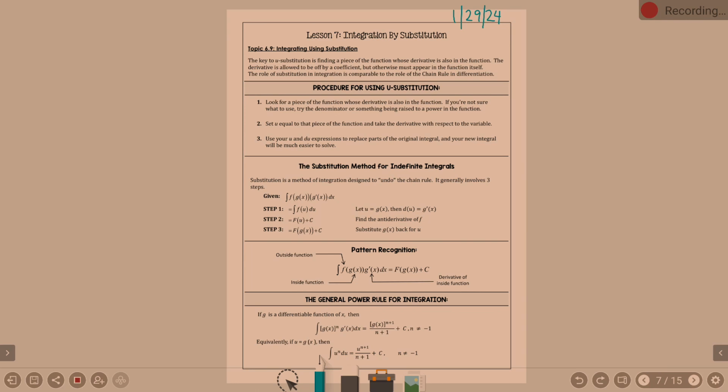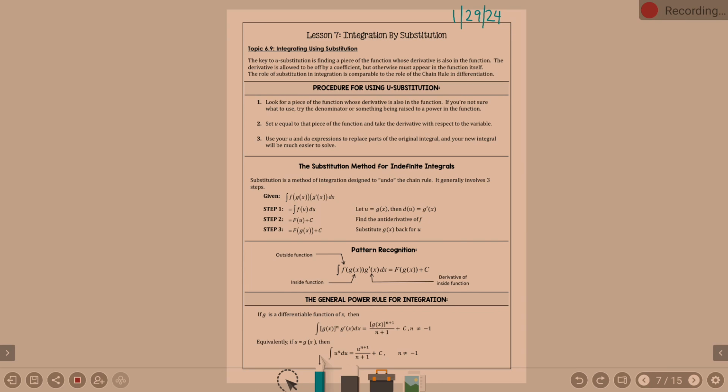This goes back to the power rule. How do we integrate with a power? We add 1 to the power, so it becomes n plus 1, and we divide by that new power, so n plus 1 in the denominator.